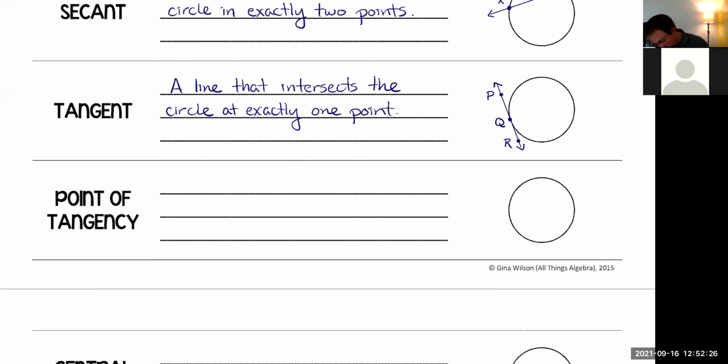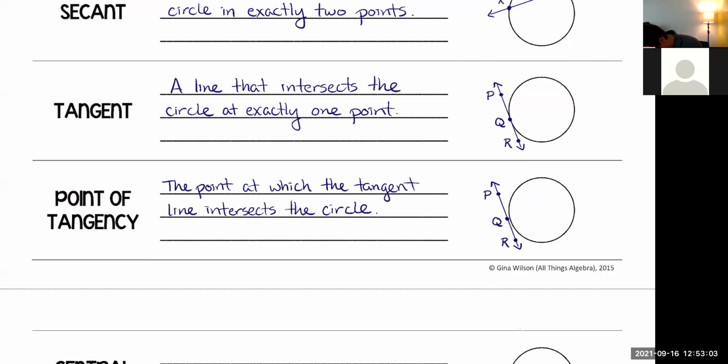Now, let me see if I can duplicate this. The point of tangency is the point at which the tangent line intersects the circle. So I'm going to copy, paste, and very carefully drop it right there.